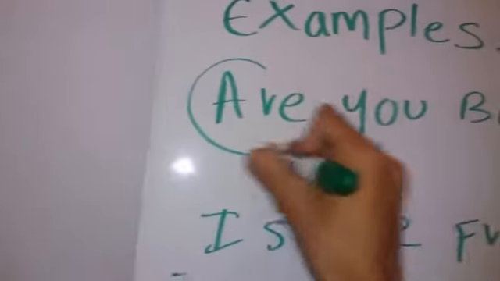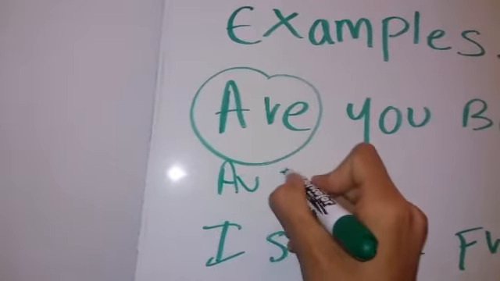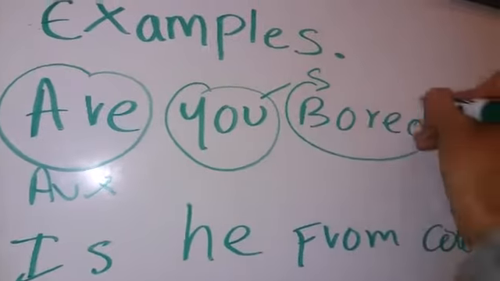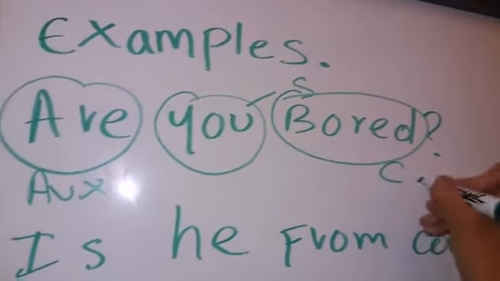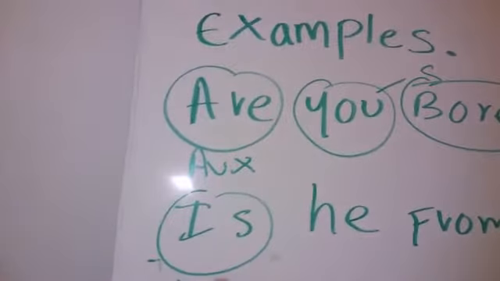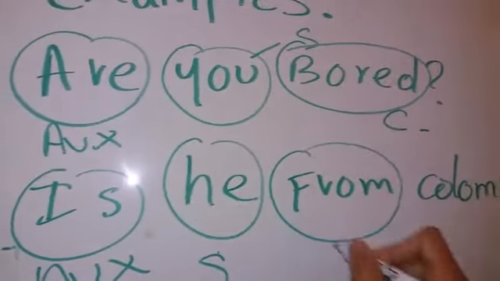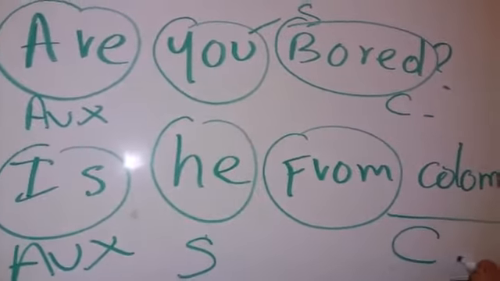So, are is the auxiliary, you is the subject, bored is the complement. Is the auxiliary for the third person, in this case he is the subject, from Colombia is the complement.